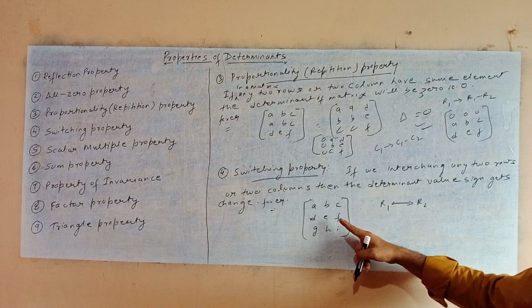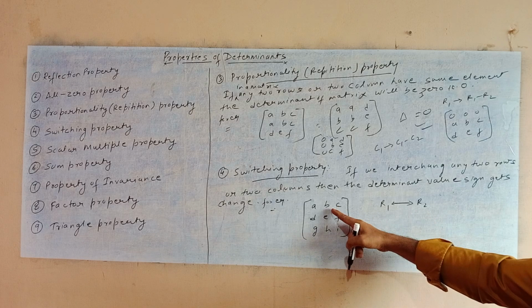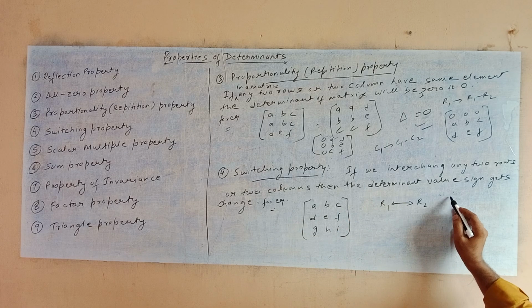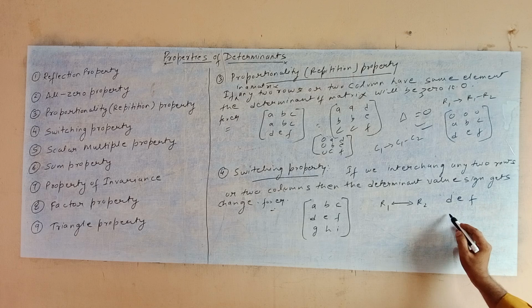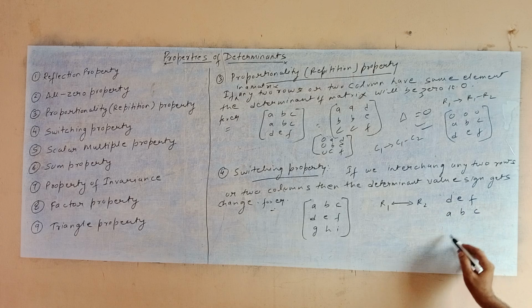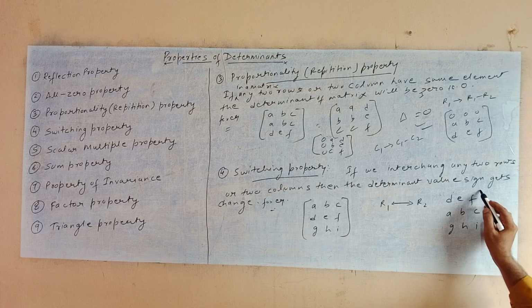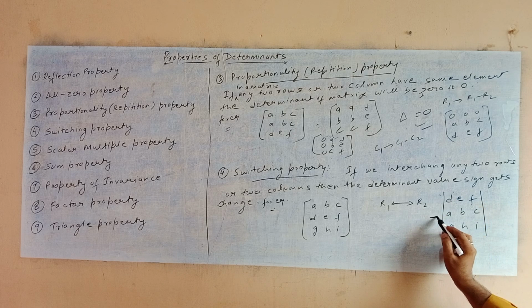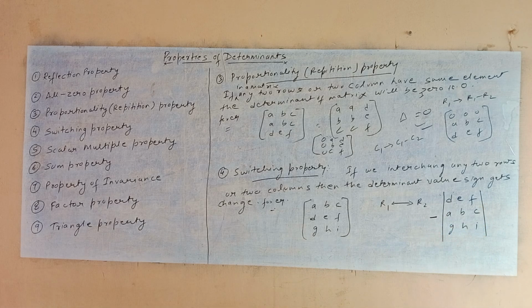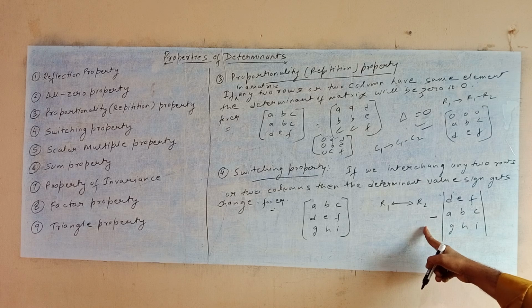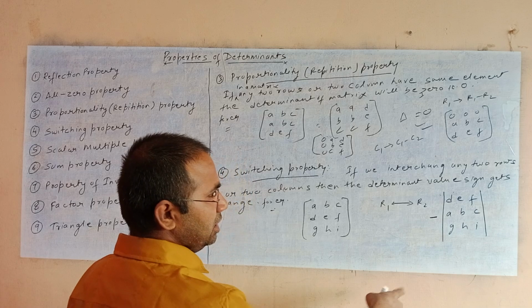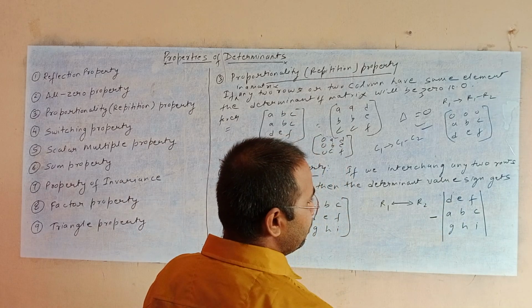It means in R2, R1 will come, and in R1, R2 elements will come. So now this can be written as d e f, a b c, g h i. Then the determinant value will be represented by minus. If you interchange again, then it will become plus.